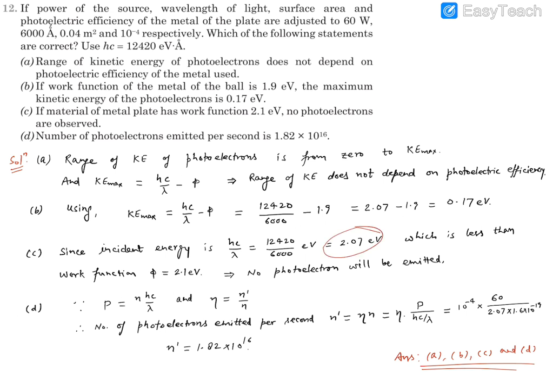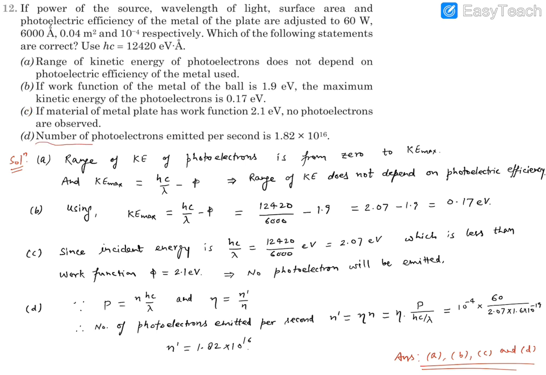If this energy falls smaller than the work function, no photoelectric effect will be observed. And this is 2.07, and the work function, if we assume to be 2.1 for a metal, this metal will not allow any electron to come out, because it will require minimum 2.1 electron volt energy for an electron to detach from the metal. Hence, no photoelectron will be emitted. That means photoelectric effect will not be observed. That means option C is also correct.